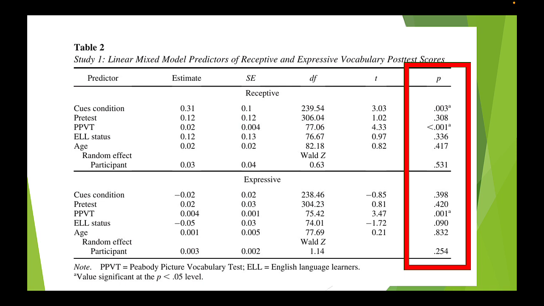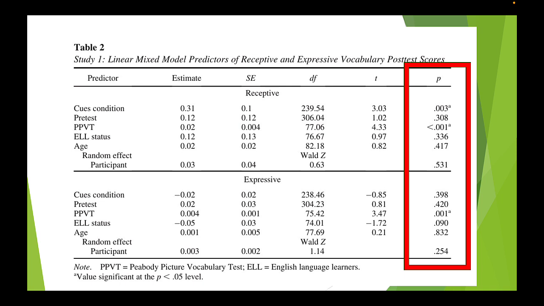This is one of the most important things in a table because it tells you what is the probability that the magnitude of a change is statistically significant, and it wasn't just due to chance, like somebody taking a test one time and then taking it again and not scoring the same regardless of what happened in between. So the p-value is very important.